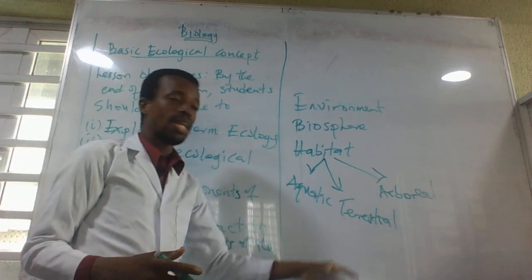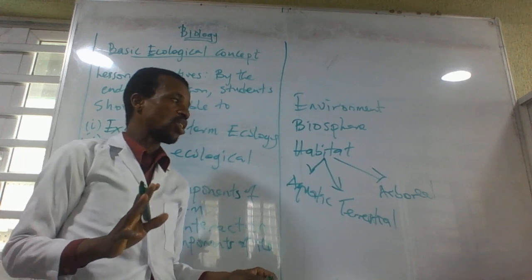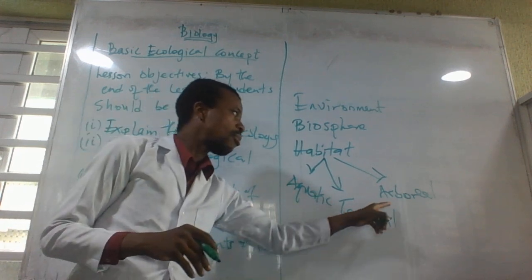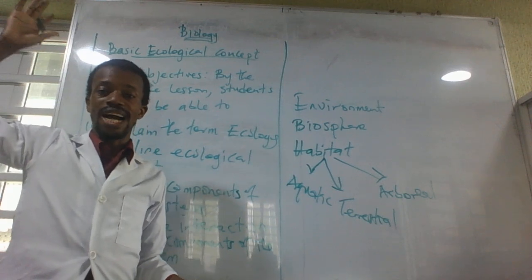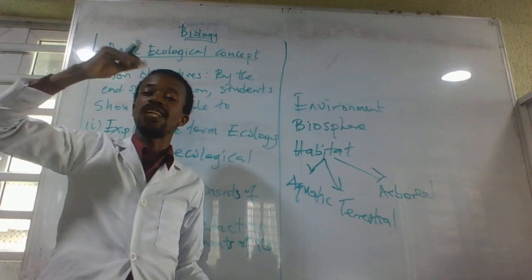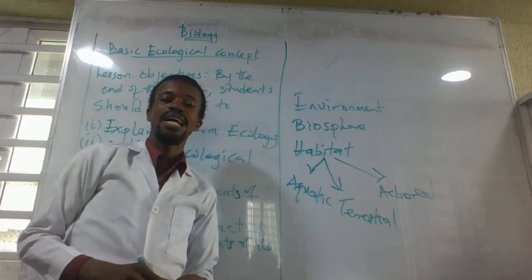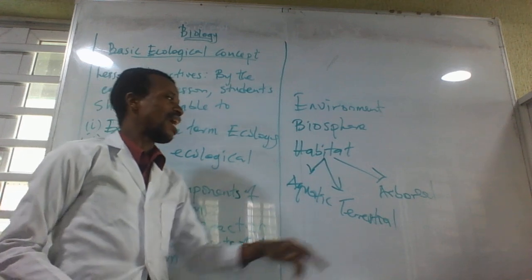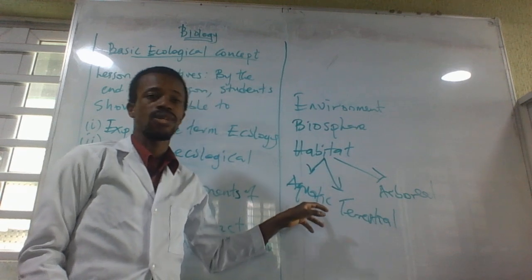Then terrestrial is the land where you find organisms that depend on direct oxygen from the atmosphere. The arboreal is where you find organisms on top of trees, on top of high environments like mountains, on top of high trees in the skies; they are called arboreal animals. So animals settle as arboreal, terrestrial, or aquatic animals.